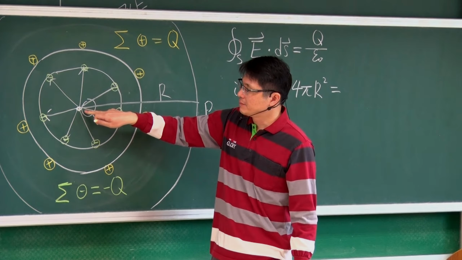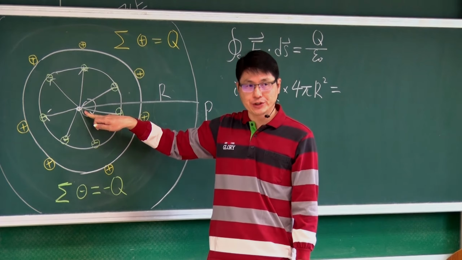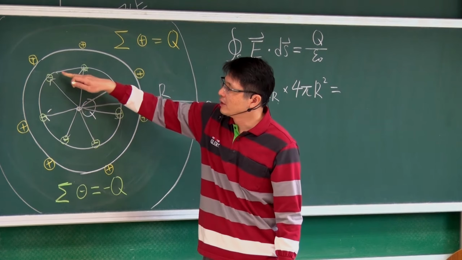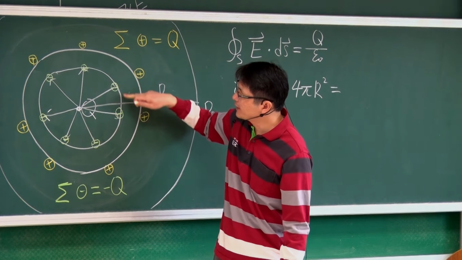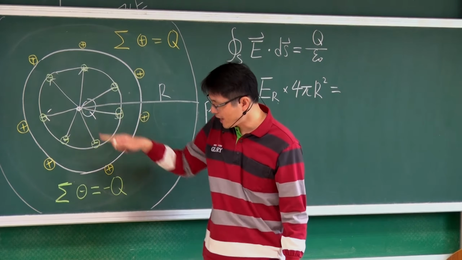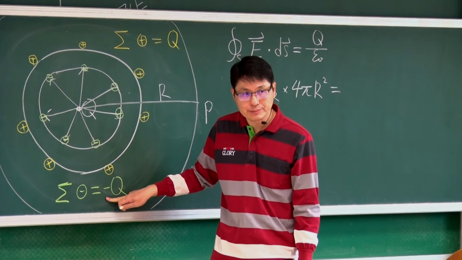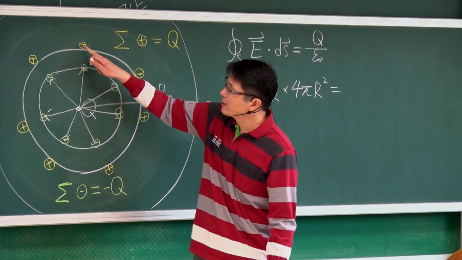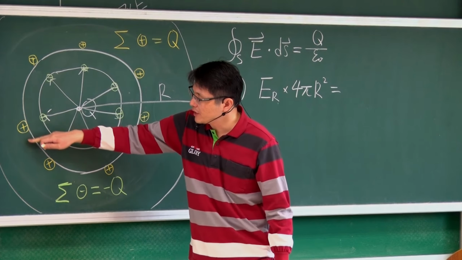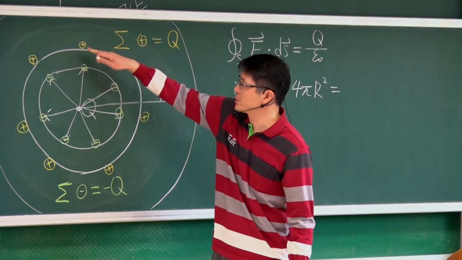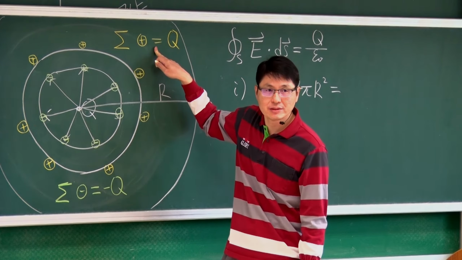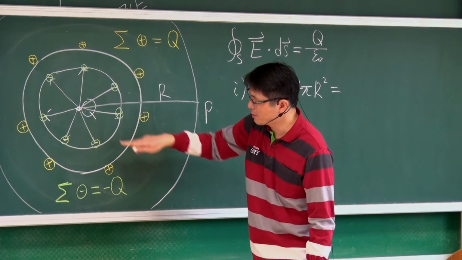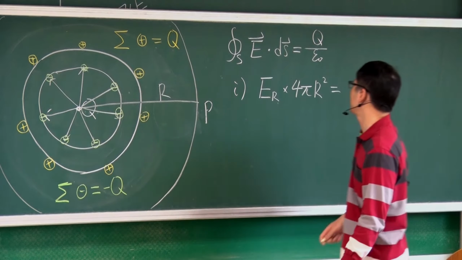I have my initial charge Q, and I have all this induced negative charge, which adds up to negative Q. And then I also encompass all these induced positive charges, which adds up to Q again. So basically you have Q minus Q plus Q.